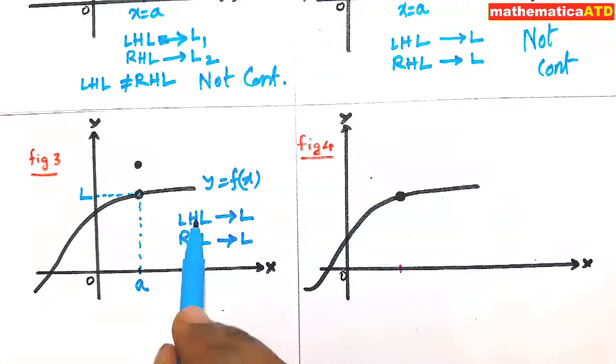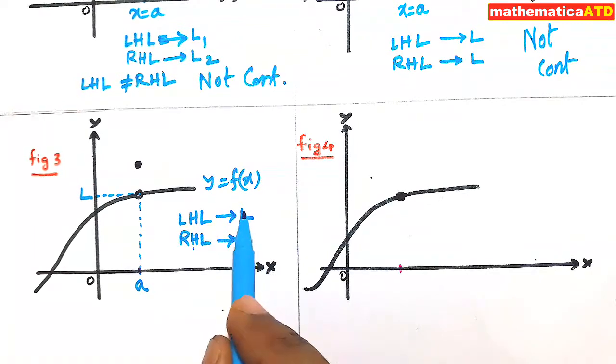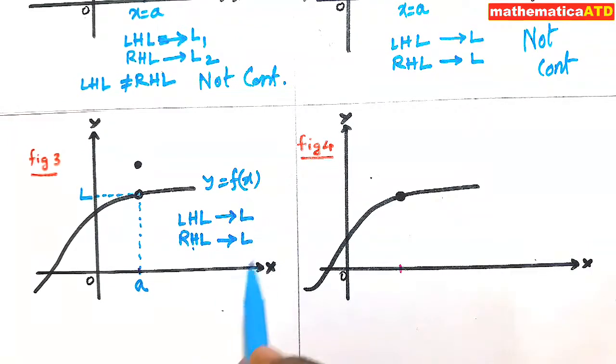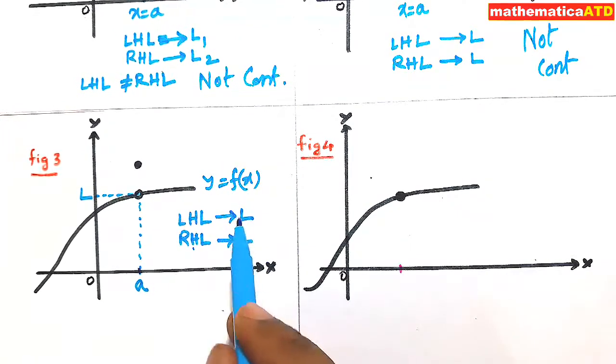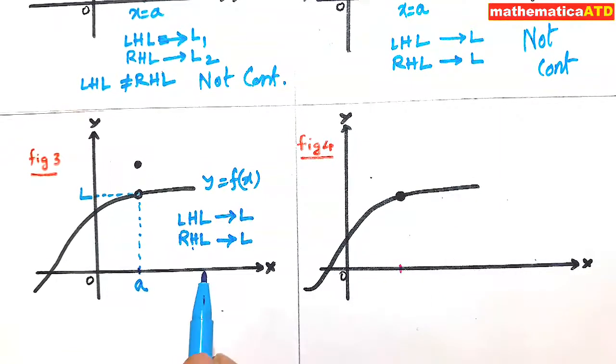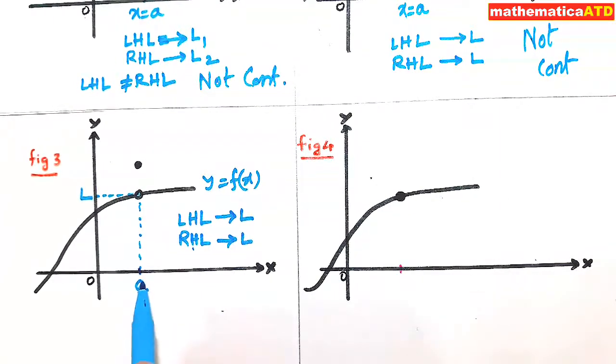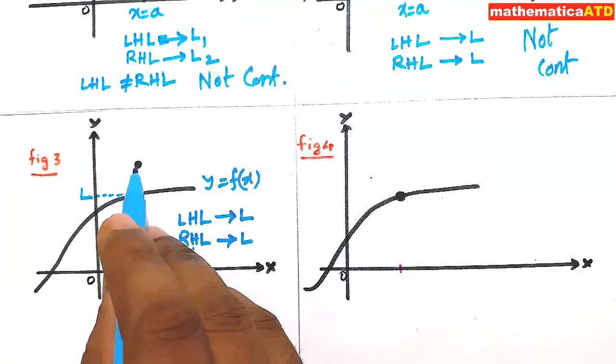So friends, LHL and RHL both are equal. So the limit exists. And one thing is important, f(a) is also the value of f(x) at the point x is equal to a. That means f(a) is also defined here. This is f(a).